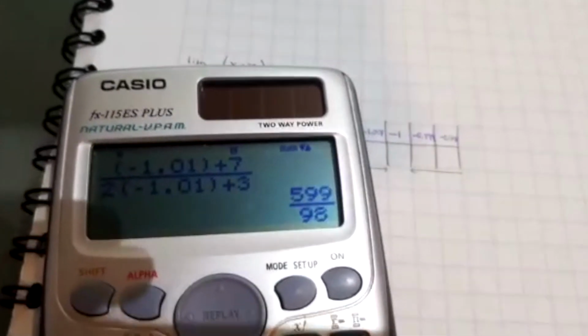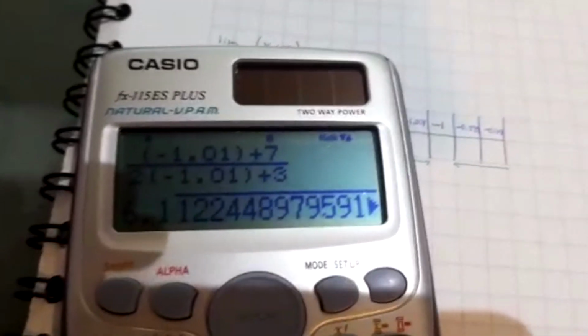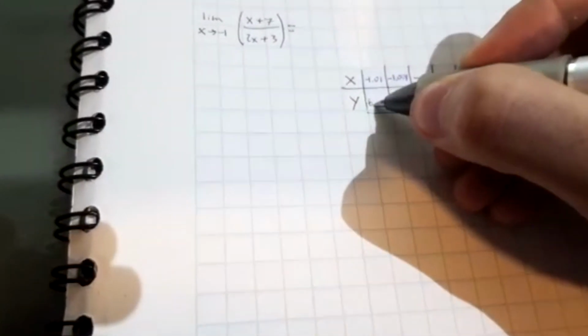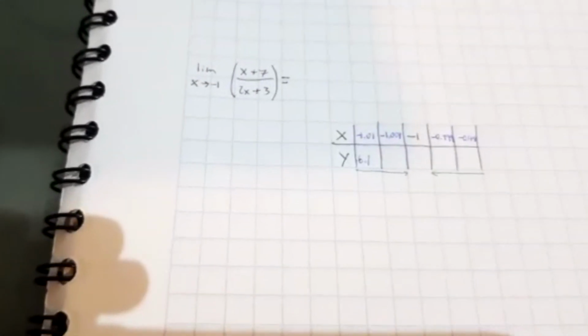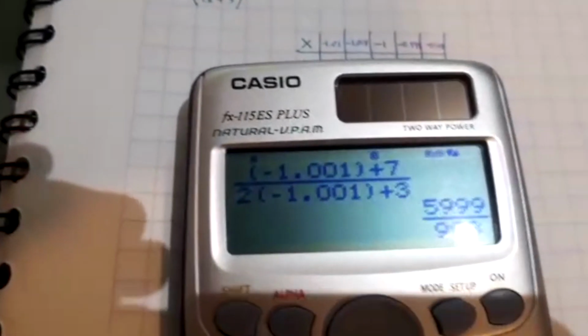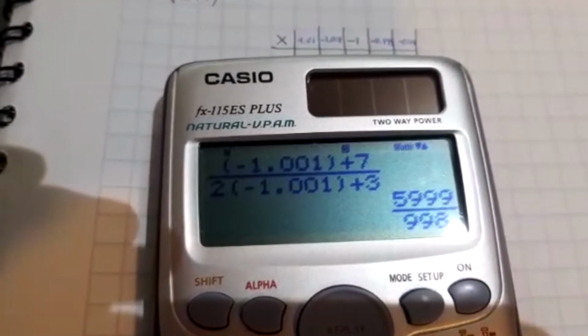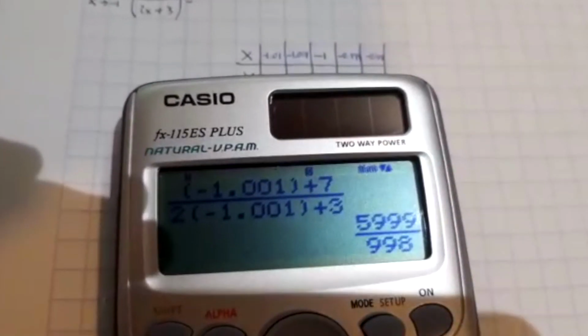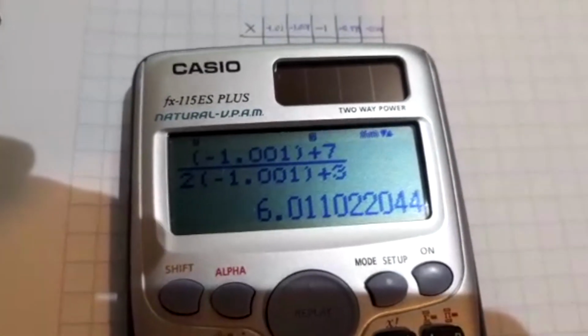So as we can see in the calculator, we have for the first one 6.1. So we need to write it down. Then we plug the second one, which is 6.01.